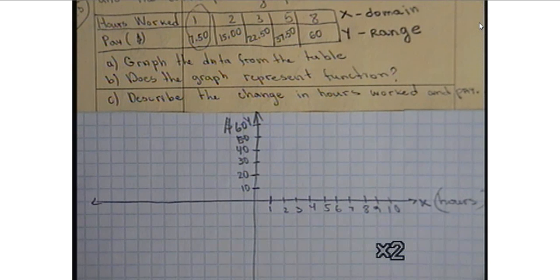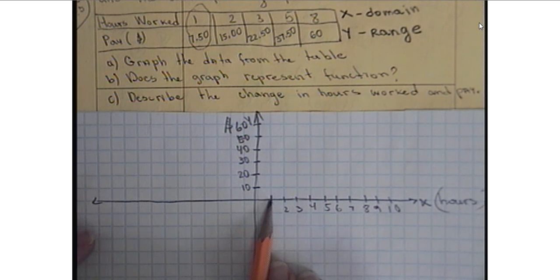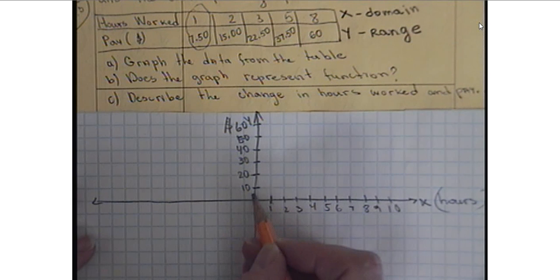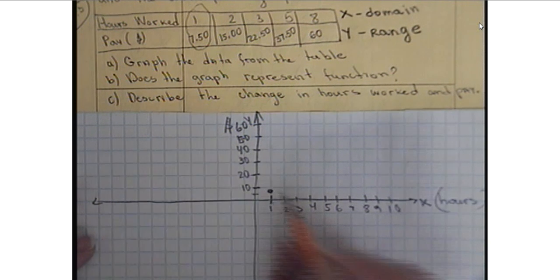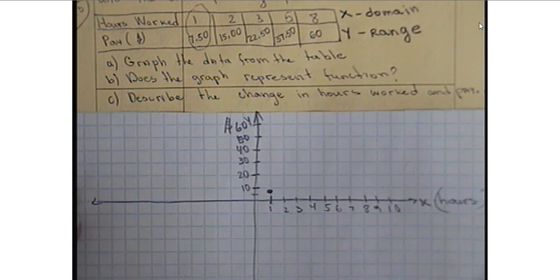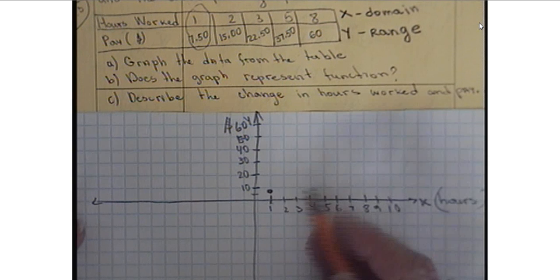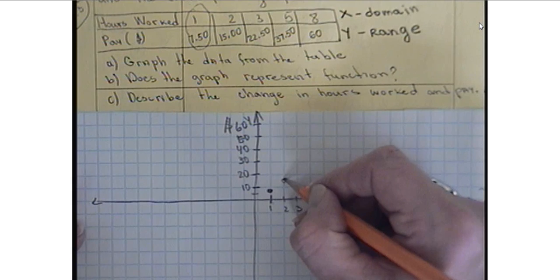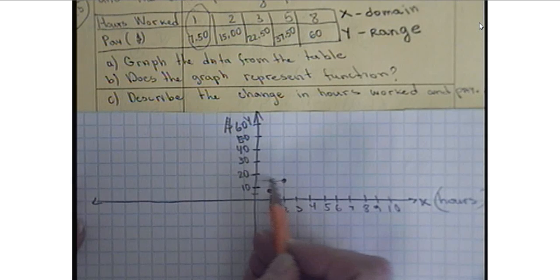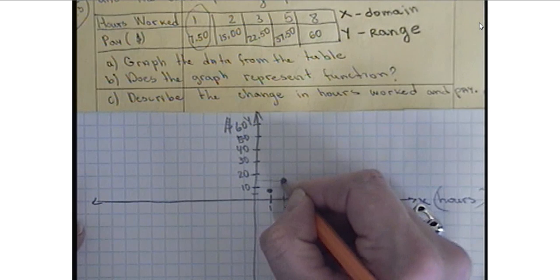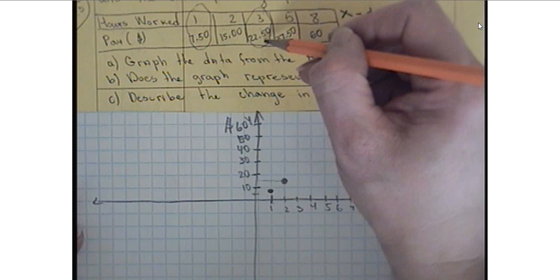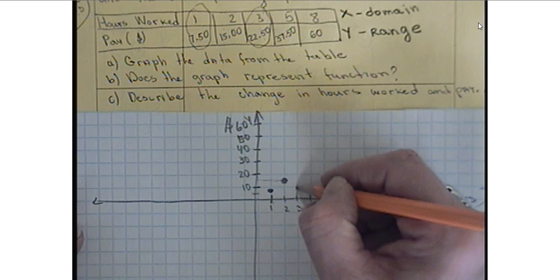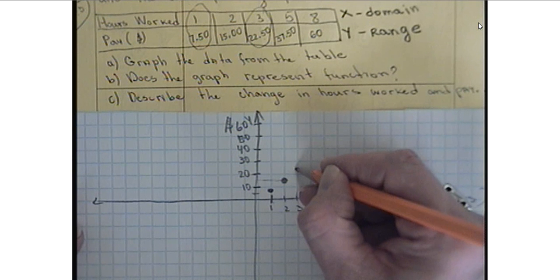So for 1 hour, this person will make $7.50. Now we won't be super accurate. I would say $5 is somewhere here, so $7.50 will be somewhere in this location. Then for 2 hours, this person makes $15. So if we go up, we get between 10 and 20, which is 15 somewhere here. So that will be my next point. Then for 3 hours, we have $22.50. It's going to be somewhere here.